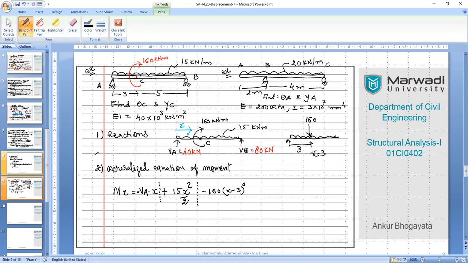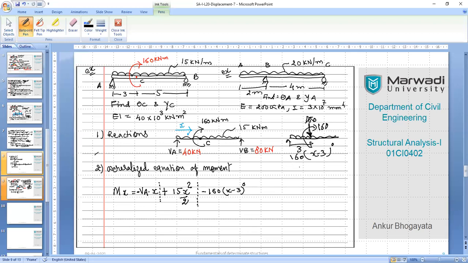X minus 3, right, into 160. Yes, that's what we used to do. But instead of a point load, we have a moment. This is not a point load, it's a moment. But we want to keep the format intact, because a moment doesn't require the multiplication of the distance, that all of us know very well.